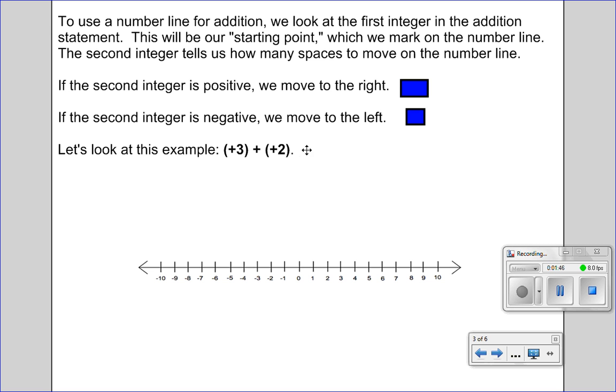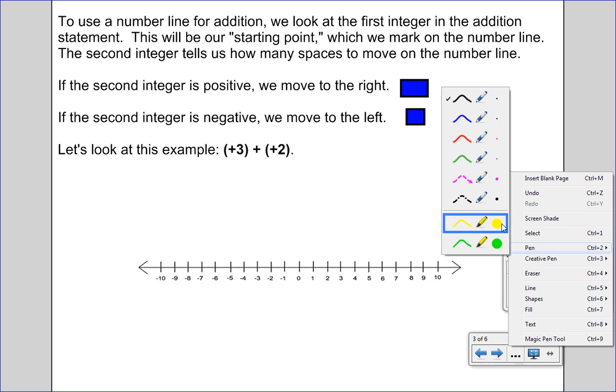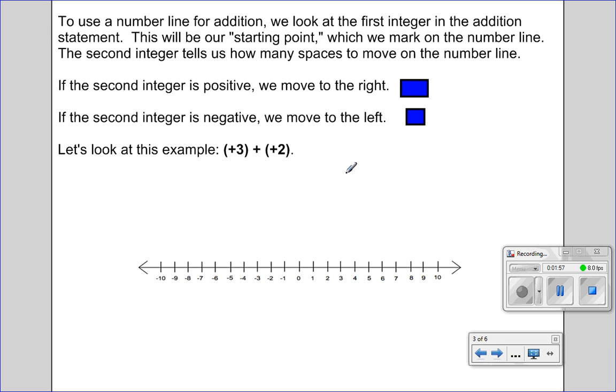So here's an example, positive 3 plus positive 2. So I just pull up my magic pen. Okay, so our first integer is positive 3. So I'm going to mark that. Now, we're told positive 2. It's a positive integer, so we are going to move 2 spaces to the right.